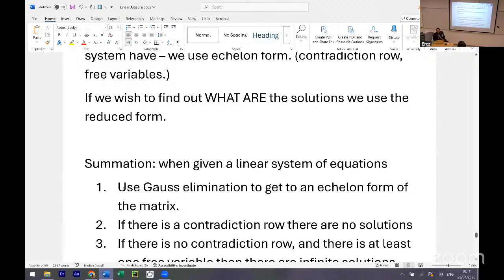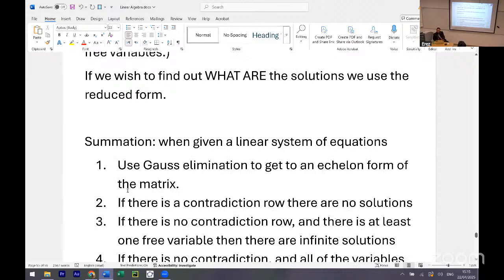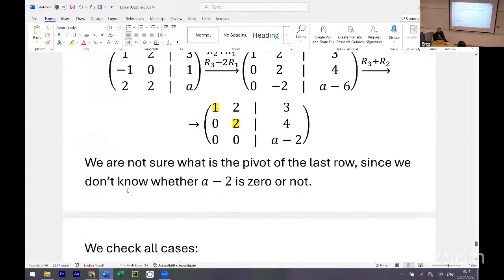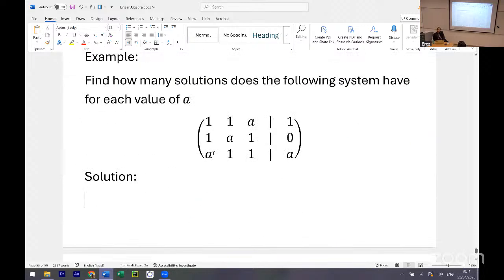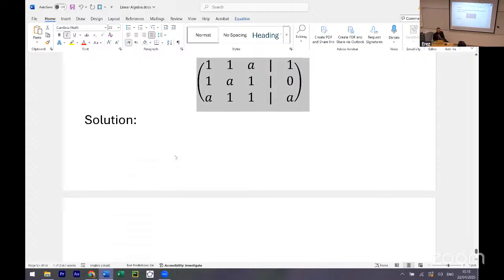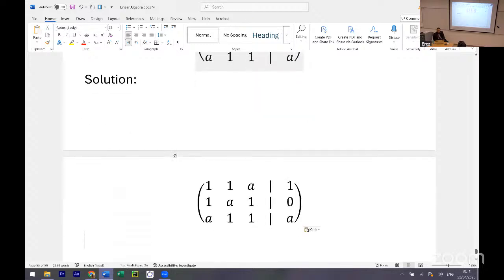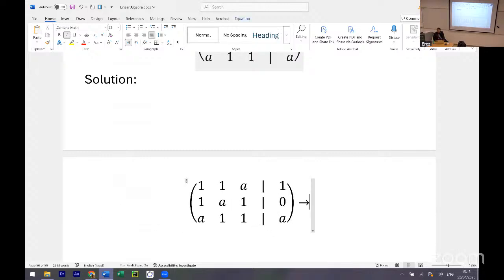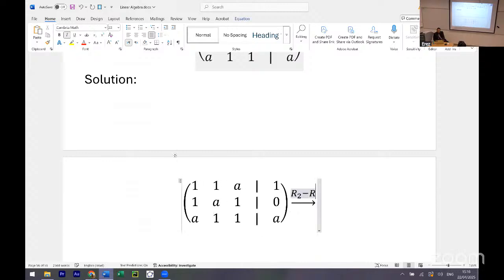So first step, use Gauss elimination. And we'll see now the A comes in the first column, not in the last, and we will see what we can do with it. So first step is fine, in the sense that R2 minus R1.